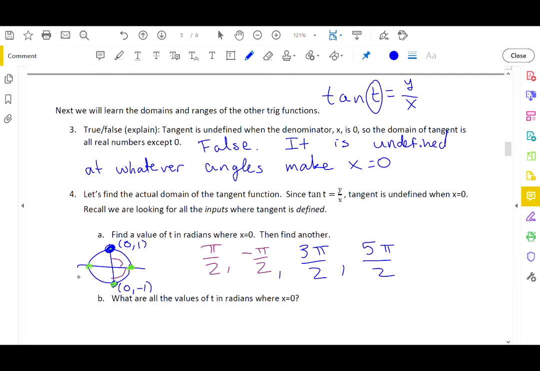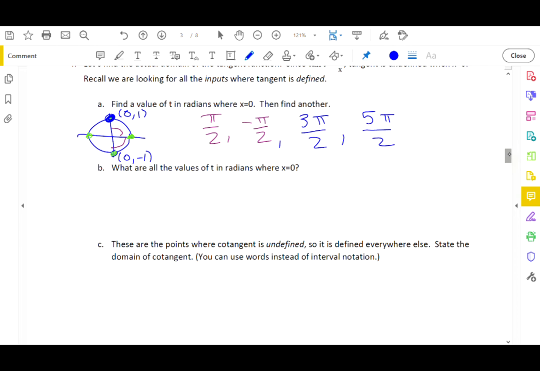So any even number times pi over 2 is going to be a multiple of pi, and it will not be a point where tangent is undefined. So what are all of the values of t in radians where x equals 0? It's all of the odd multiples of pi over 2. I'm going to write that as k times pi over 2 for k an odd integer.